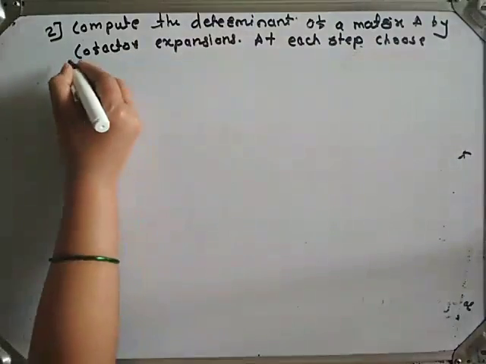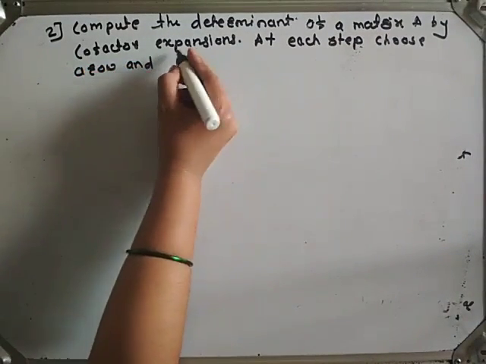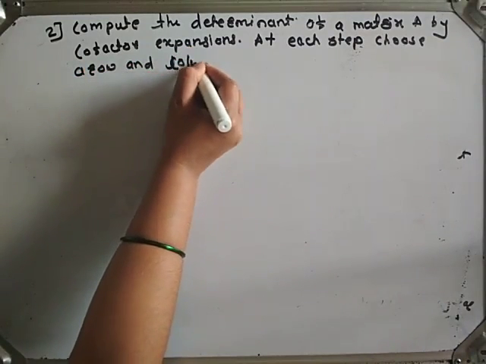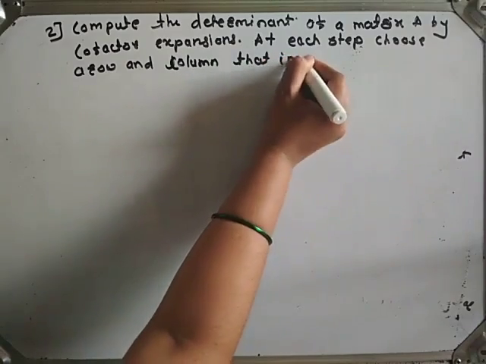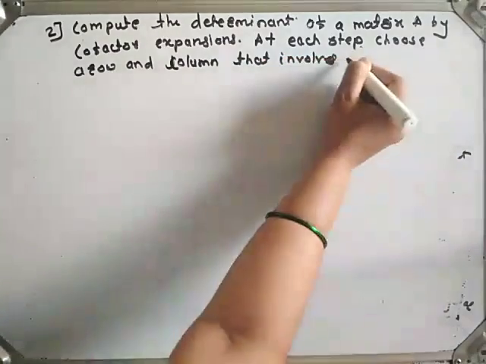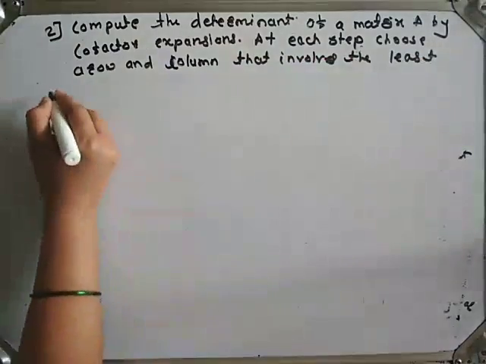Choose a row and column that involves the least amount of computation.